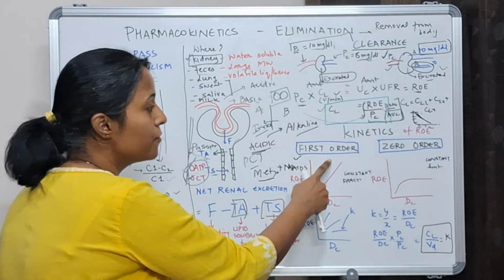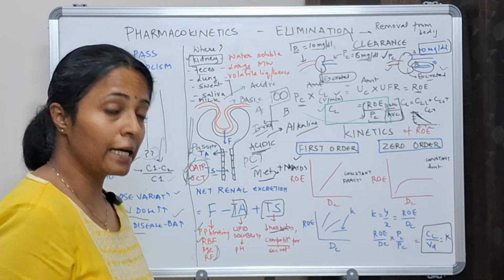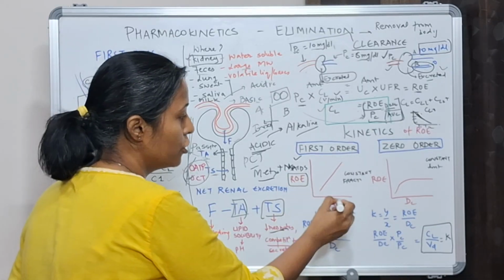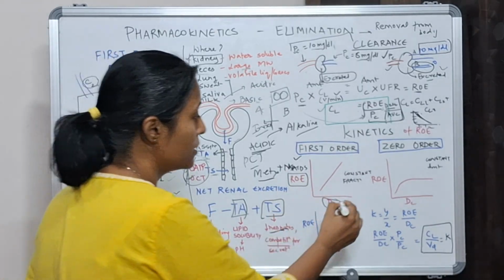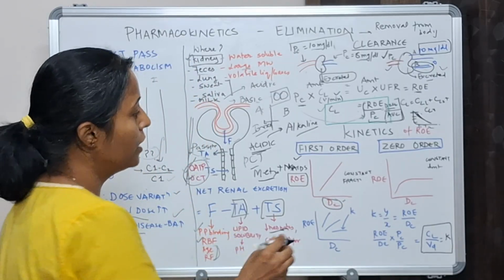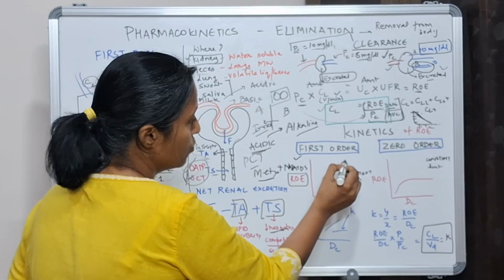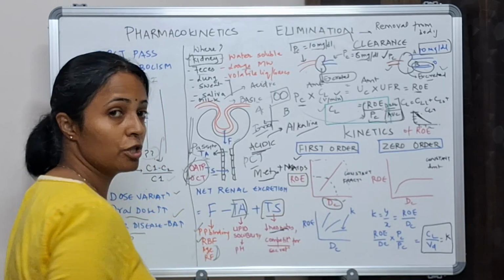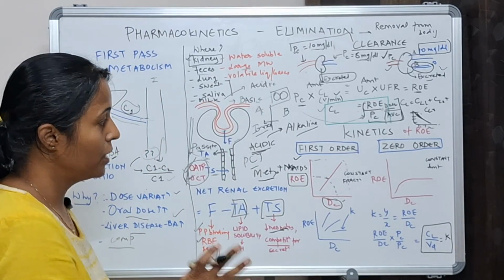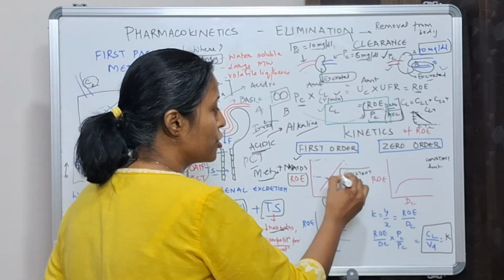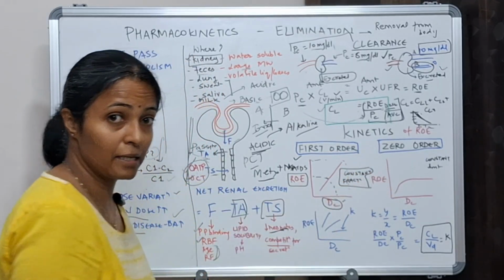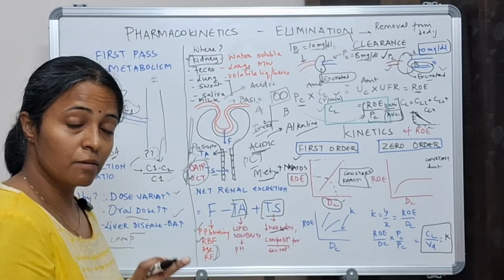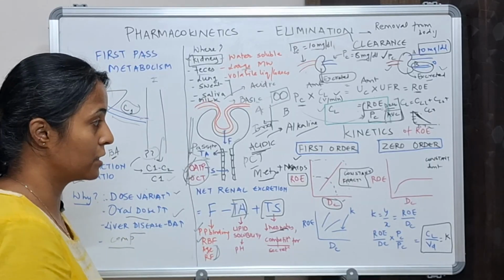First order kinetics, or linear kinetics, says that rate of elimination is directly proportional to the drug concentration. When the drug concentration is more, rate of elimination is more. When the drug concentration decreases, rate of elimination decreases. So it's a linear relationship. In this, a constant fraction of the drug is being excreted. The amount is changing, but a constant fraction is being excreted.